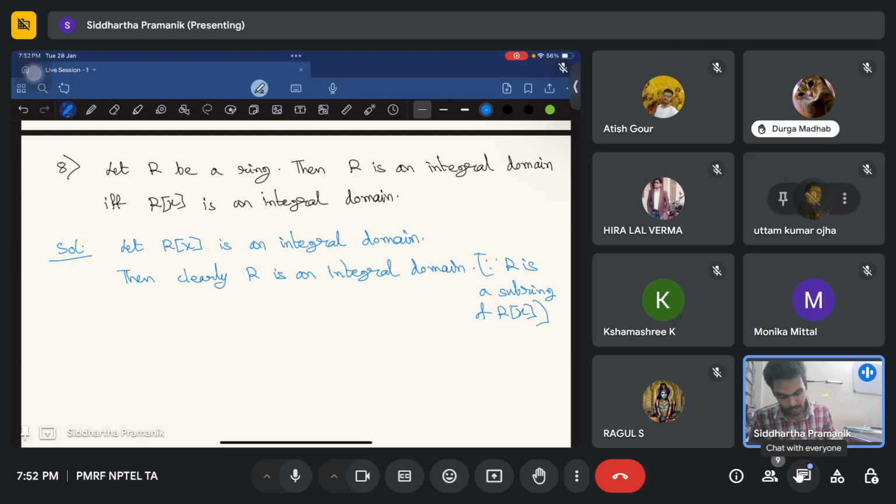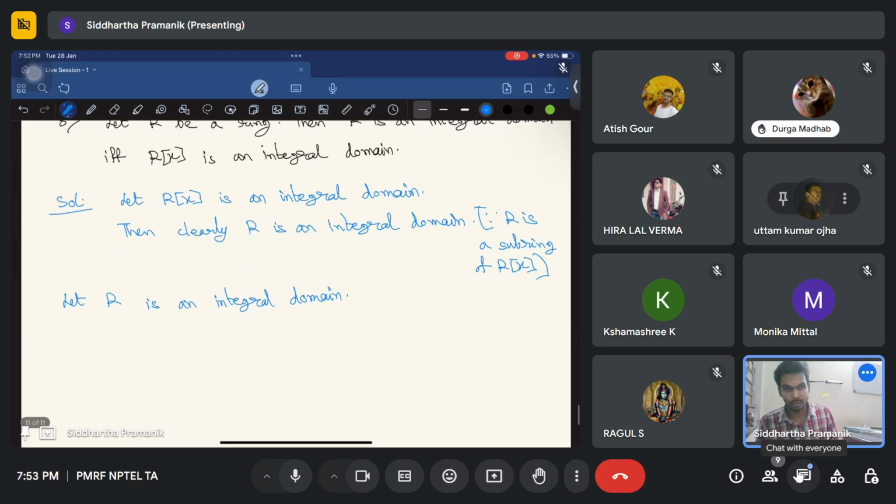Now let's see the other part. Now assume R is an integral domain. So we need to prove R[x] is also an integral domain.